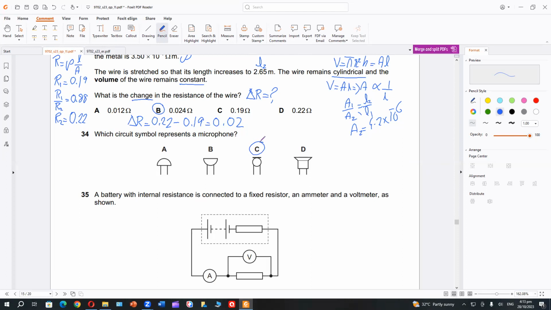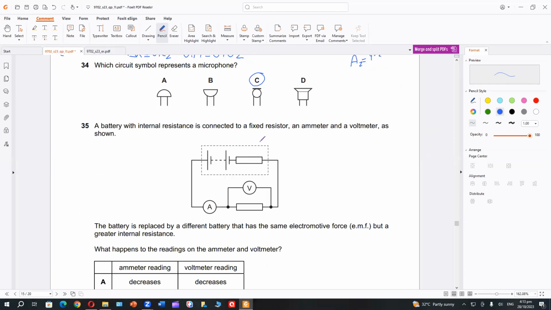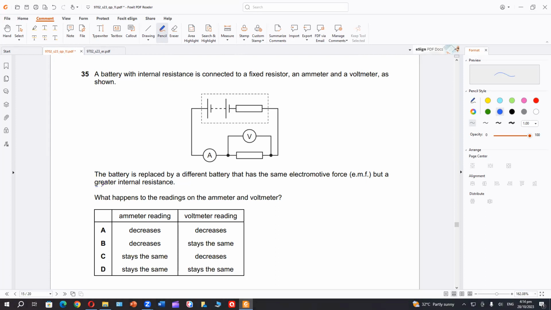A battery with internal resistance is connected to a fixed resistor, an ammeter, and a voltmeter. This looks to be a theory question. The battery is replaced by a different battery that has the same EMF but a greater internal resistance.